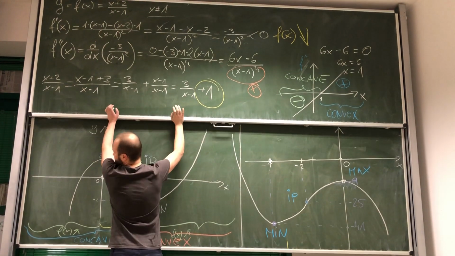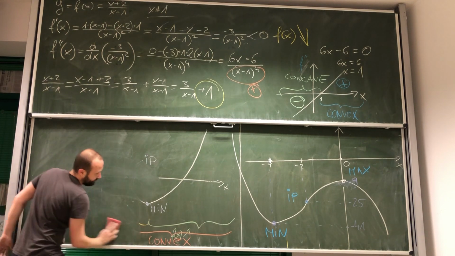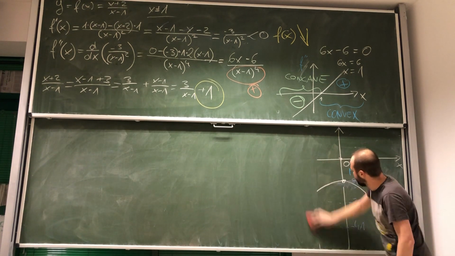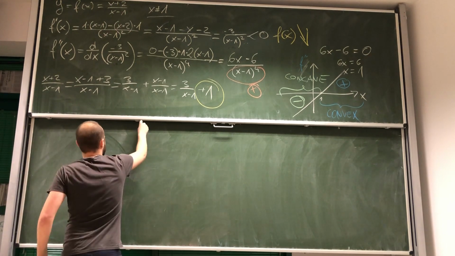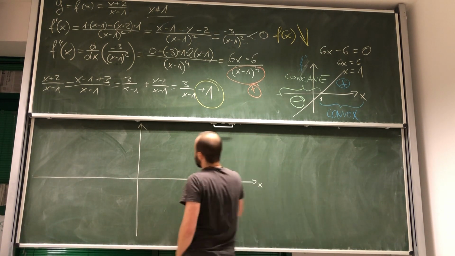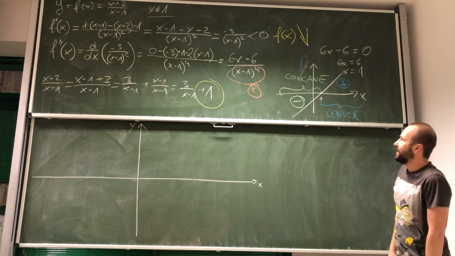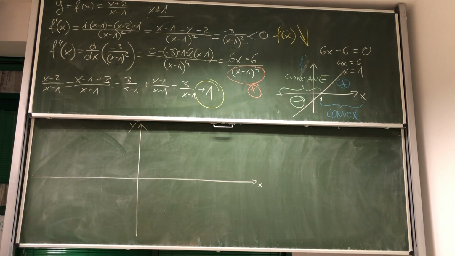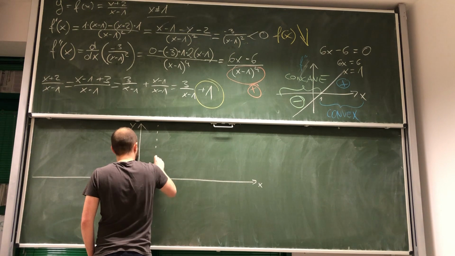Okay, so now let's get to drawing. So, now, first we notice that of course we cannot calculate the value at x equal to 1, but our experience with the reciprocal function tells us that this means that at x equal to 1, there's going to be an asymptote.